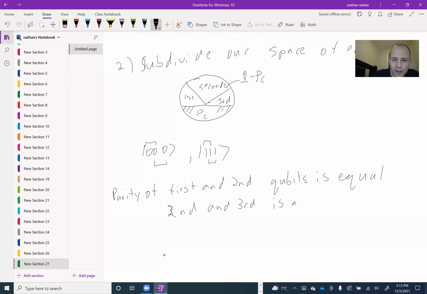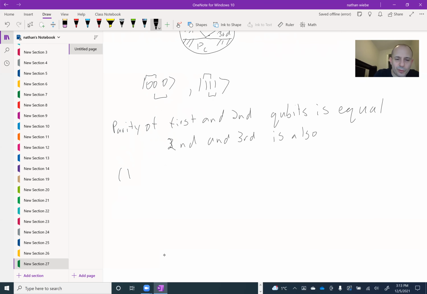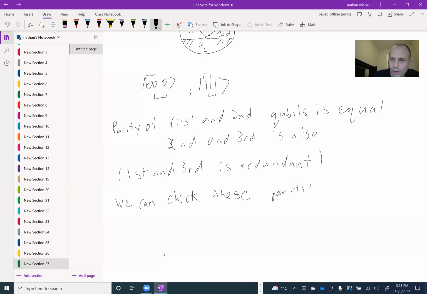The information from the first and third is redundant. So what we can do is check these parities to further project to one of these.